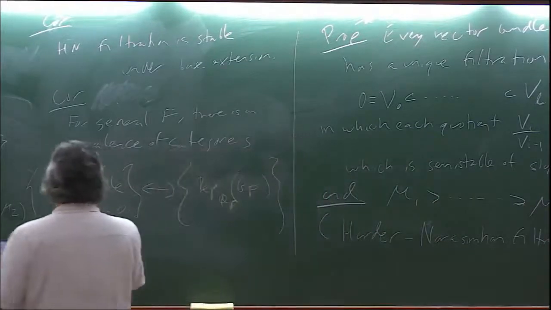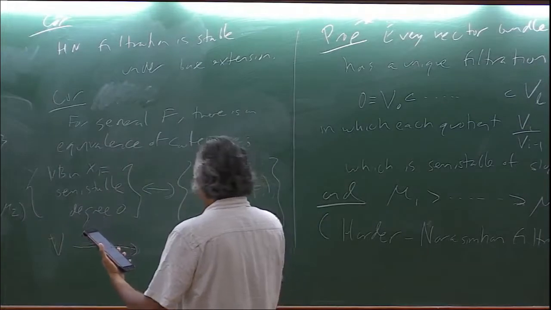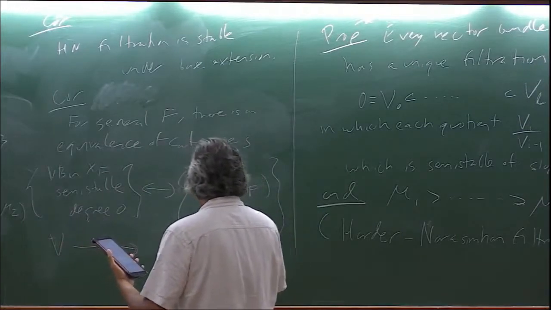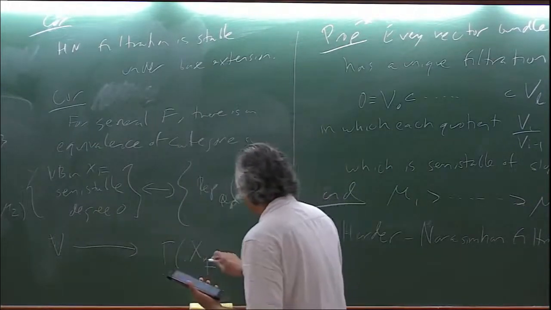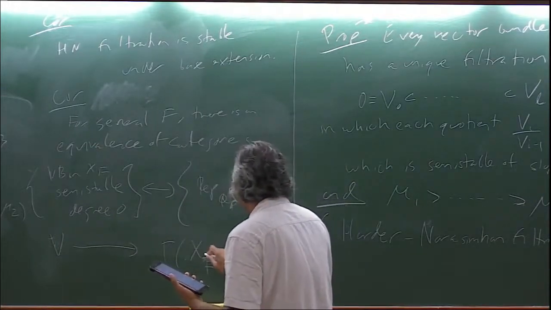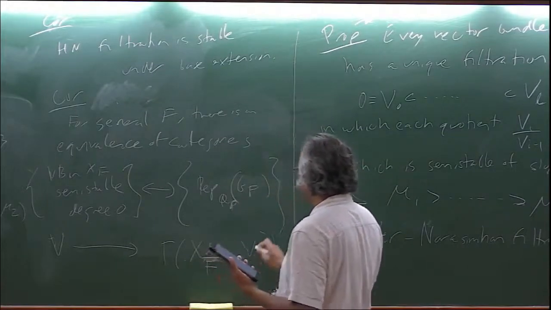It's given by: a vector bundle goes to, you go to the completed algebraic closure of F, F bar hat. So you base extend to there.